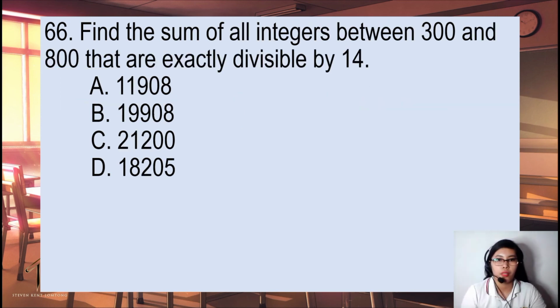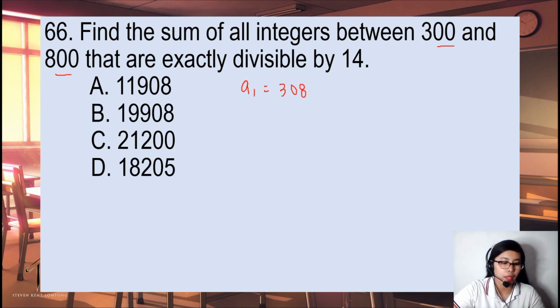Next, find the sum of all integers between 300 and 800 that are exactly divisible by 14. So in this case, we have to find the number that is divisible by 14 first for the a sub 1. Okay? Between 300 and 800. So a sub 1 natin, by trial and error, that's 308.